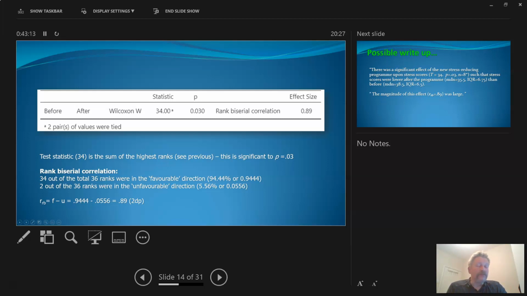So this is a number between 0 and 1. You can think of it as a bit like a correlation, trying to interpret it in the same way. And so this indicates that yes, we have a significant result, but it's also quite a large difference between those pre and post interventions, of before and after scores.